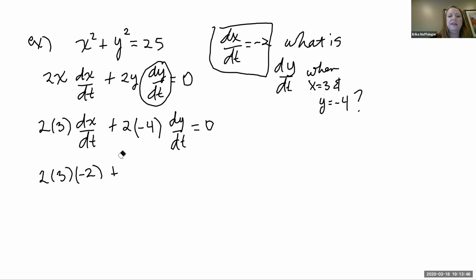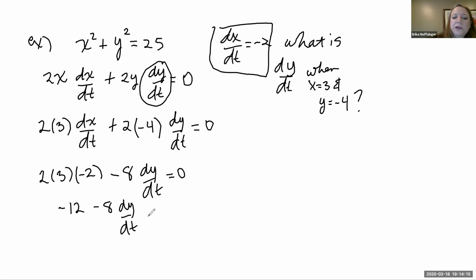Well, 2 times -4 is -8, so -8 dy/dt equals 0. So 2 times 3 is 6. 6 times this -2 gives me -12, minus 8 dy/dt equals 0.